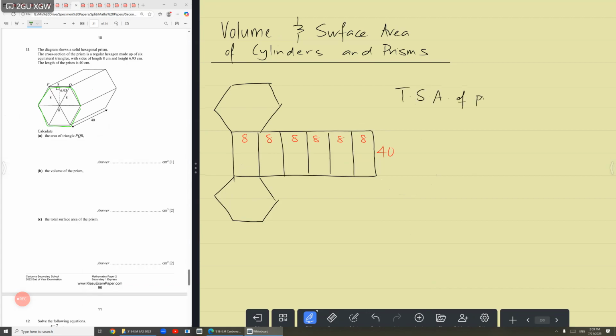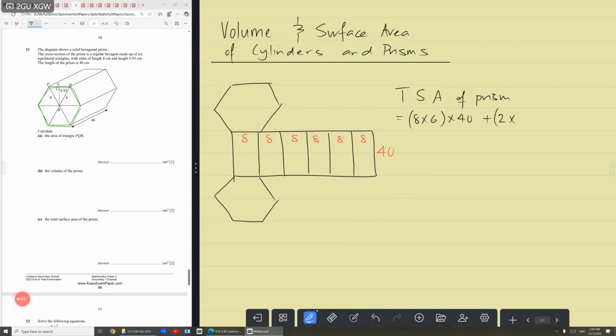Total surface area of prism is obtained by taking 8 times 6 is the length of this rectangle. Then you multiply by 40. So this is the area of the rectangle. Plus, you need to find the area of 2 of the hexagon.